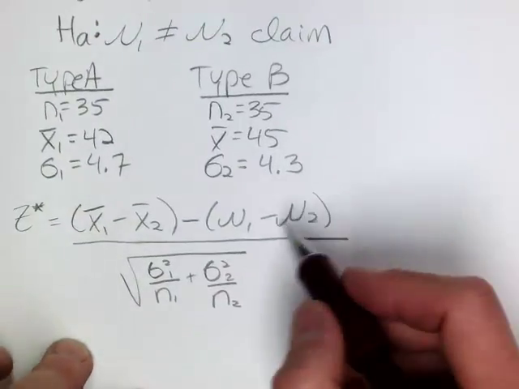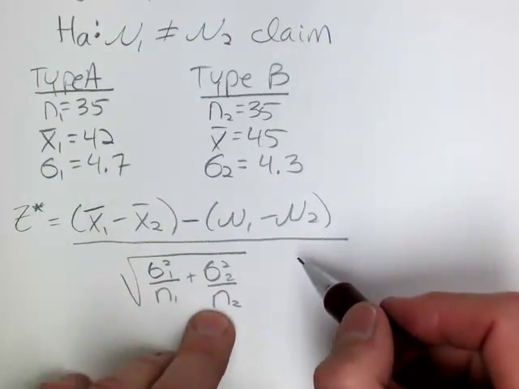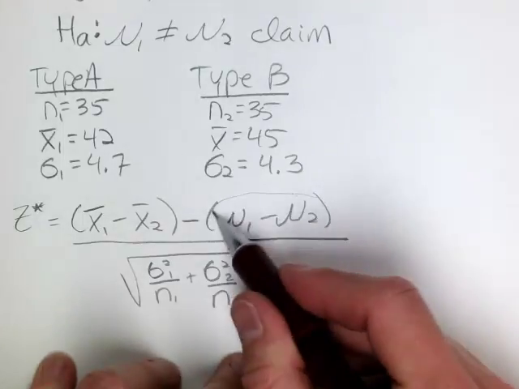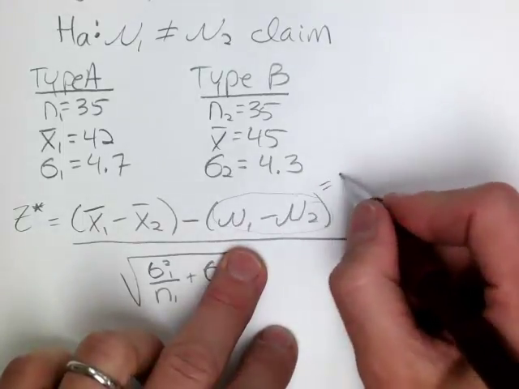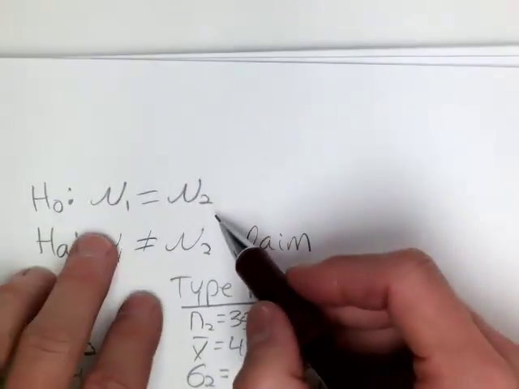For the problems you're going to encounter in your homework, this mu difference is pretty much always going to be equal to 0.